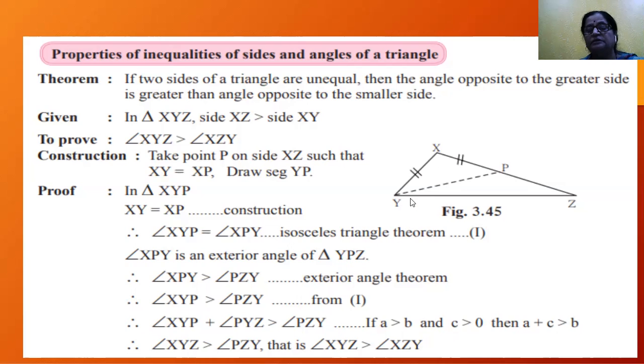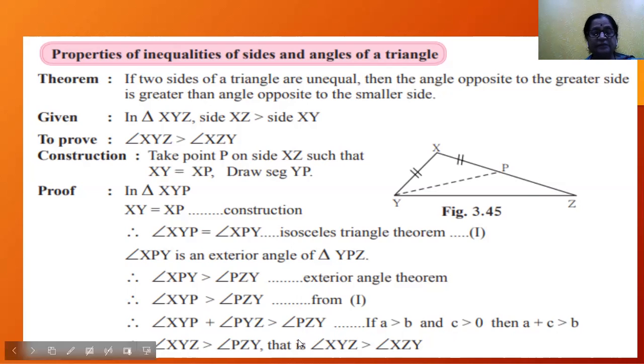Here is one triangle. See here, triangle YPZ. Of this, angle XPY is an exterior angle of this triangle. So the exterior angle is greater than the interior angle.